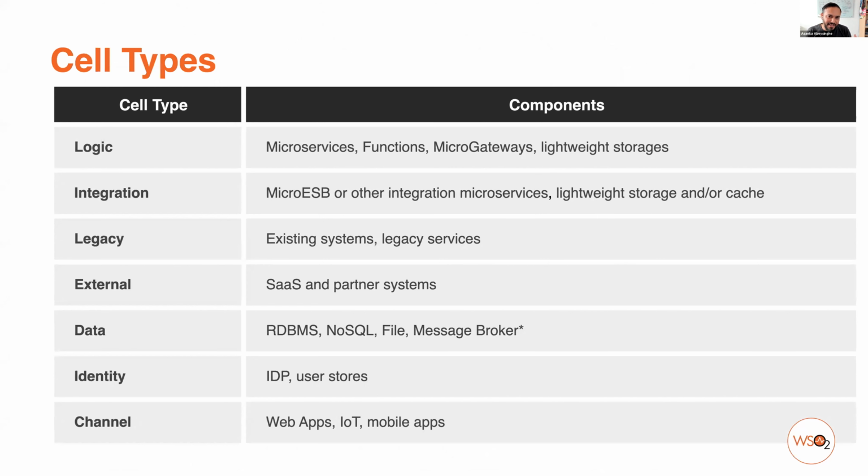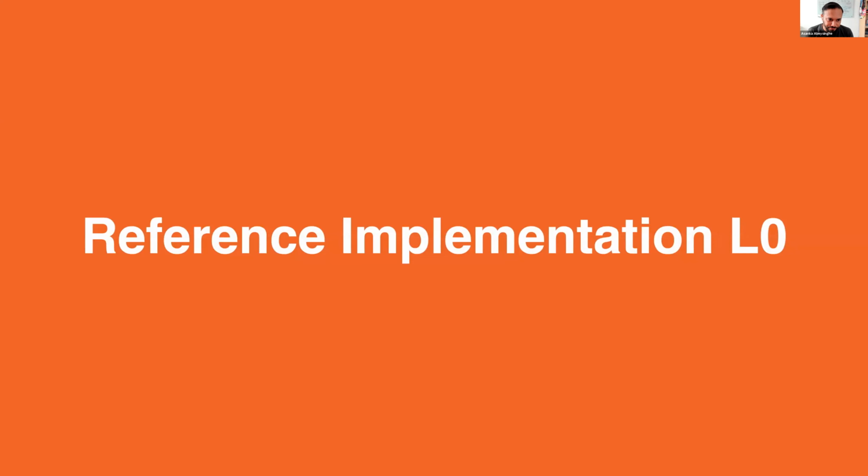And these are the cells that I identified based on the reference implementations that we did using this architecture style, but you can add more cell types as well. But this categorization can handle most of the implementations that we have to do with the current market or landscape that we have in the tech as well as business.